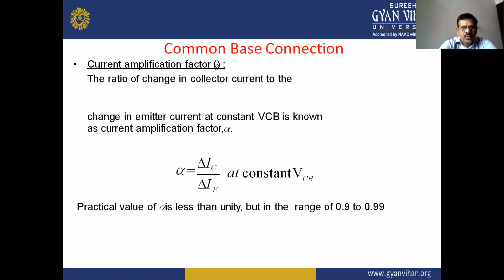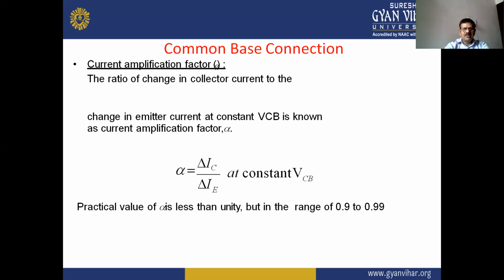The ratio of change in collector current to the change in emitter current at constant collector to base voltage is known as current amplification factor alpha. So alpha in the form of a formula is alpha equal to change in collector current to change in emitter current at constant collector to base voltage.